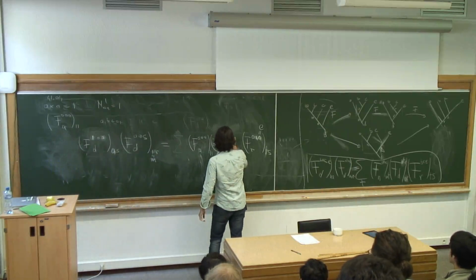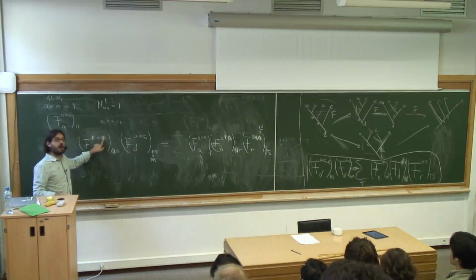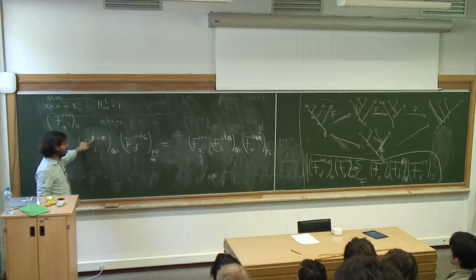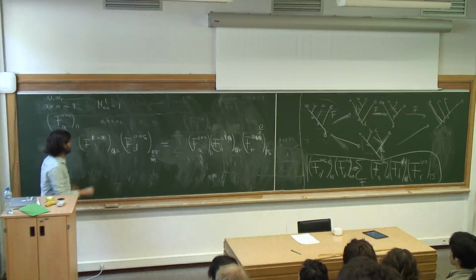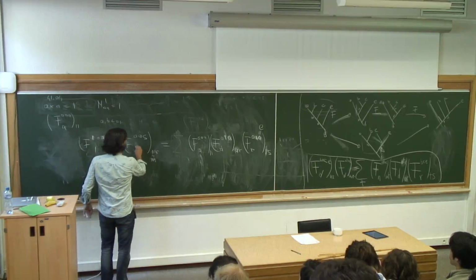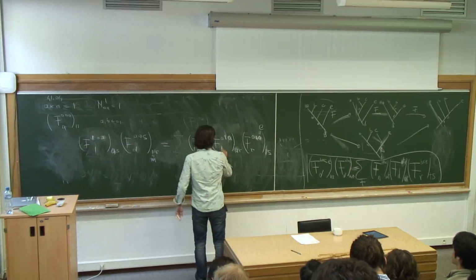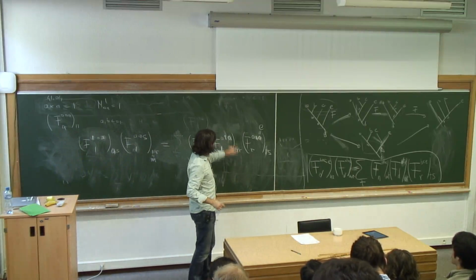Now A times A goes into 1. 1 with 1 goes into 1. So D is 1. R is equal to A times 1.